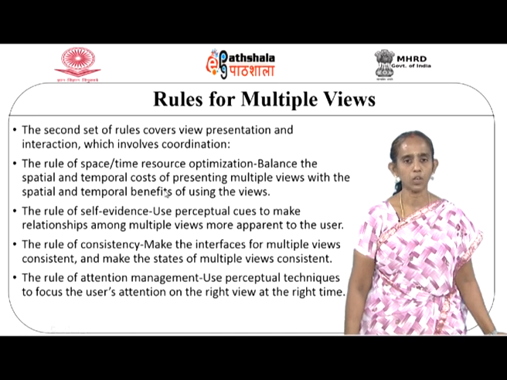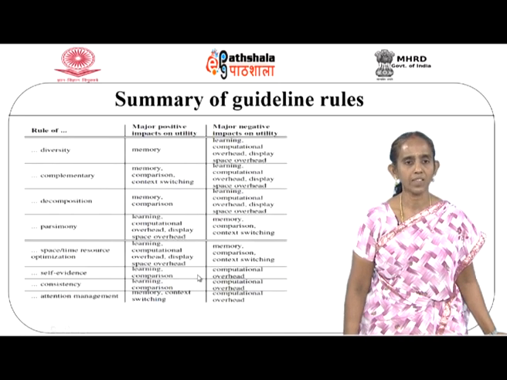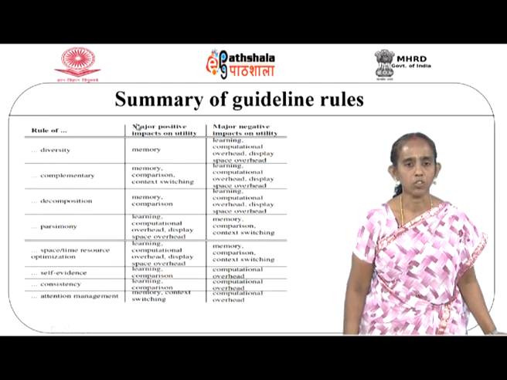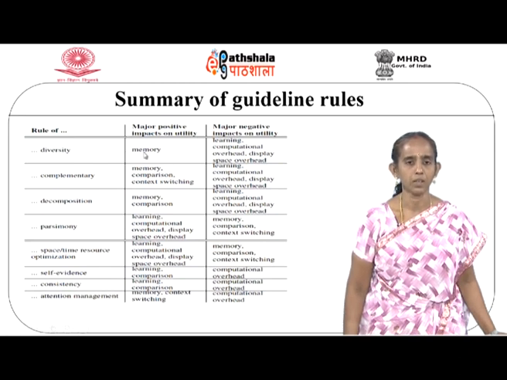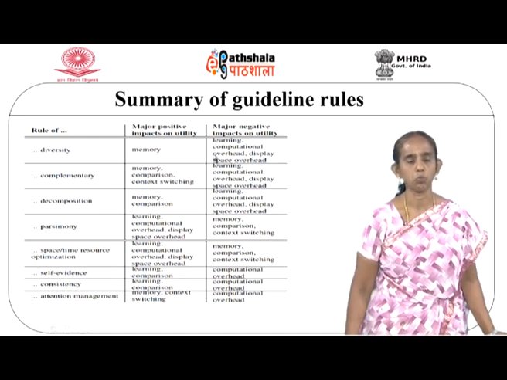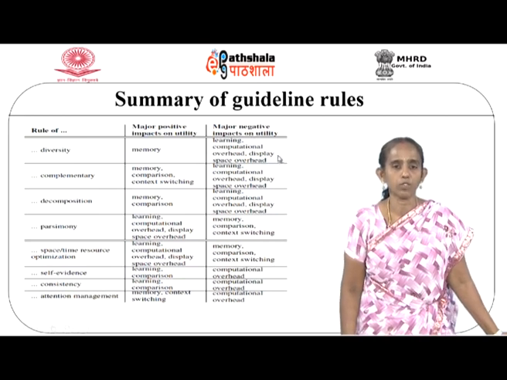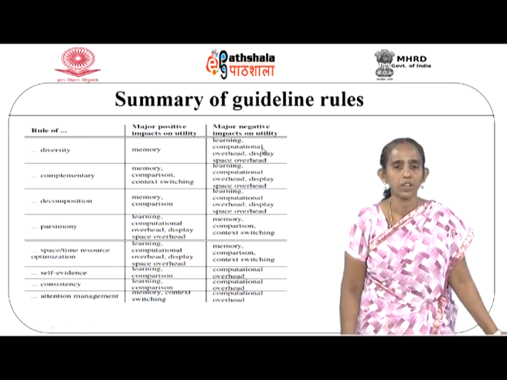This is a summary of all the guidelines that have been discussed till now. We can see that in the rule of diversity, the positive impact is on the memory, because we don't have to memorize a lot of things, whereas there is a negative impact, that is, we need to learn a lot. The system has lots of computational overhead as well as display space overhead.